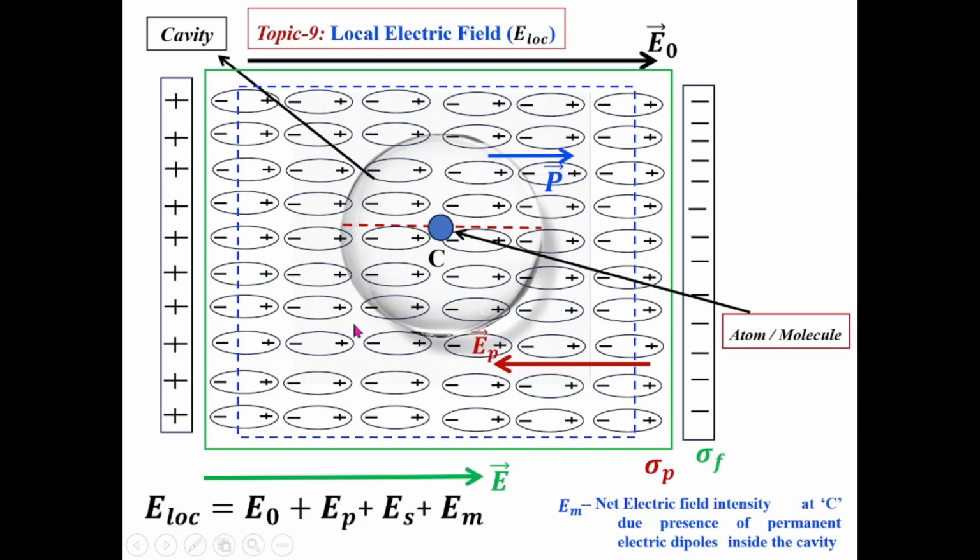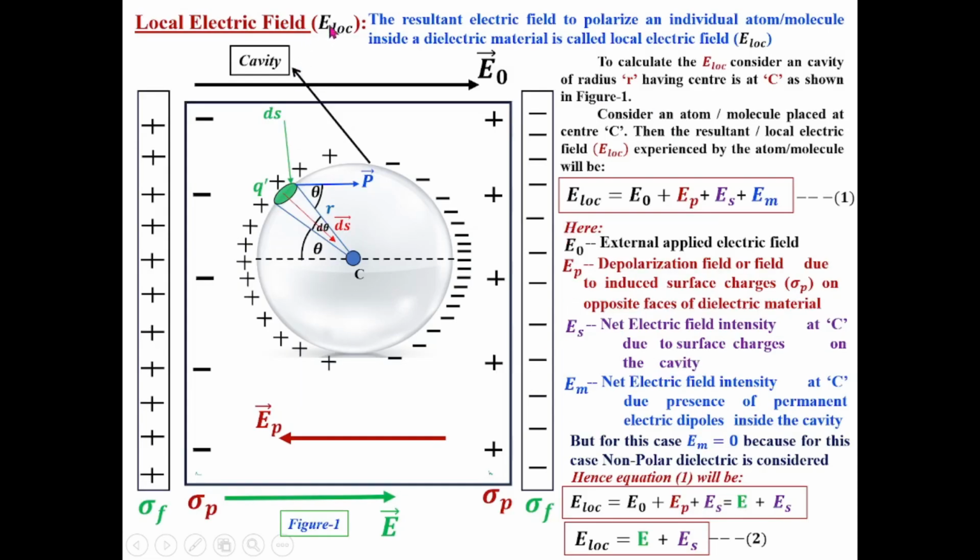Whatever we have discussed in this slide, the overall idea about the local electric field, the same thing you have to write from here. That means if this question is asked for 6 marks in your exam, you have to start from here.